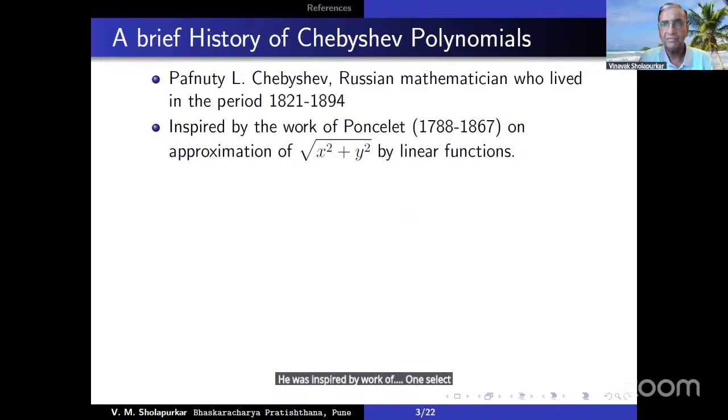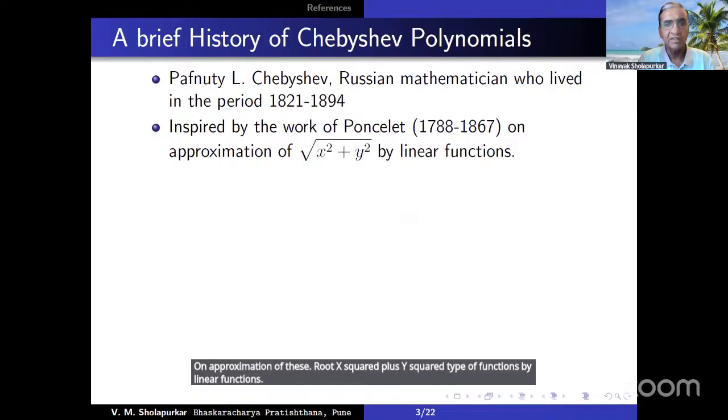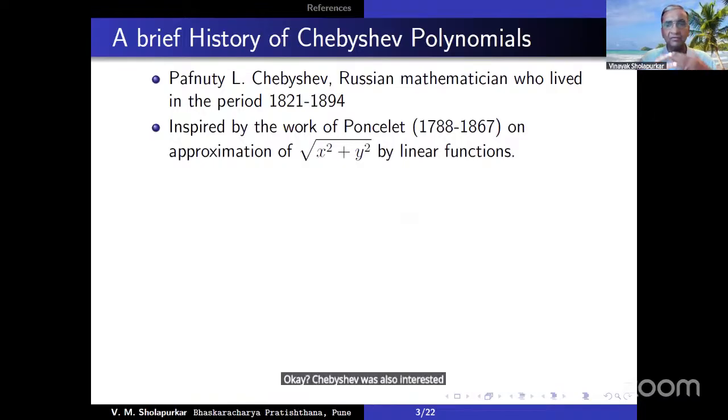Some of you might have heard this name, the French mathematician Poncelet, 1788 to 1867, on approximation of root x square plus y square type of functions by linear functions. Chebyshev was also interested in the functioning of steam engines. And in this process of mechanics of these engines, he came across this problem of approximating these kinds of functions by linear functions.